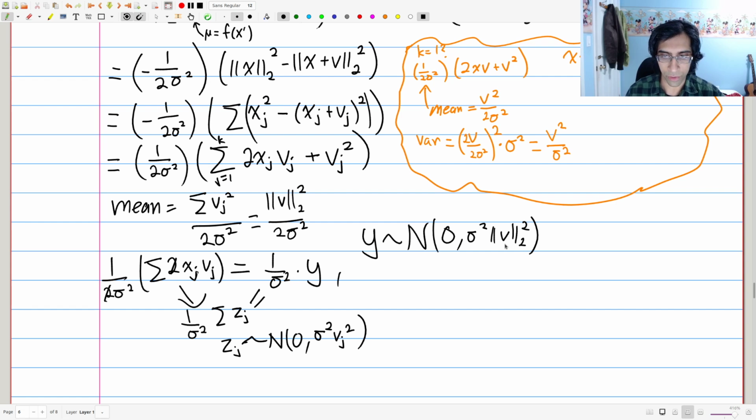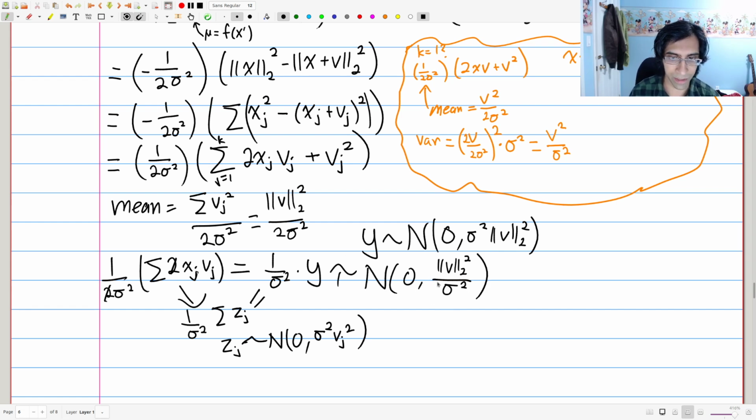And if you now draw in this last sigma squared, this will give you something distributed as N(0, L2 norm of v squared divided by sigma squared). And this is exactly what we wanted.